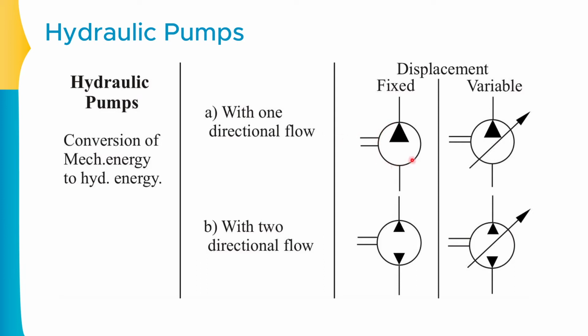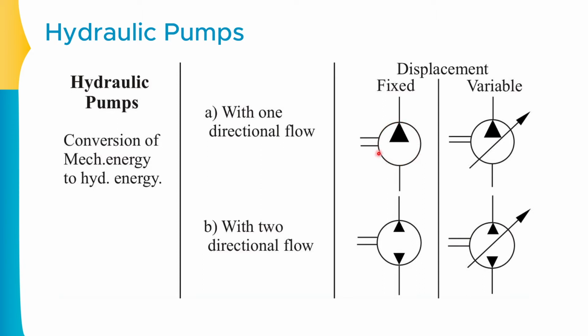As you can observe, this is the symbol of the pump. These two arrows represent the transmission of the mechanical energy coming inside the pump, and that mechanical energy will be converted into hydraulic energy, and to do that specific conversion these pumps are used.